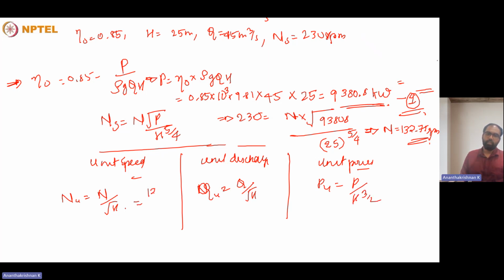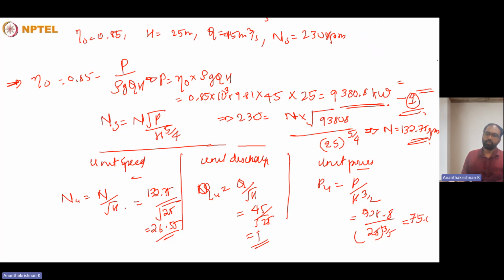So N is equal to 132.75 divided by root of H value is 25. So it is coming around 26.55. Q divided by root H, that is 45 divided by root of 25, it is 9. And unit power Pu is 9380.8 divided by 25 raised to 3 by 2. So that is coming around 75.046.